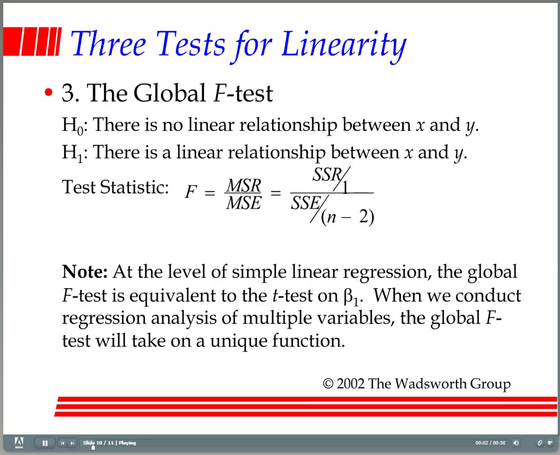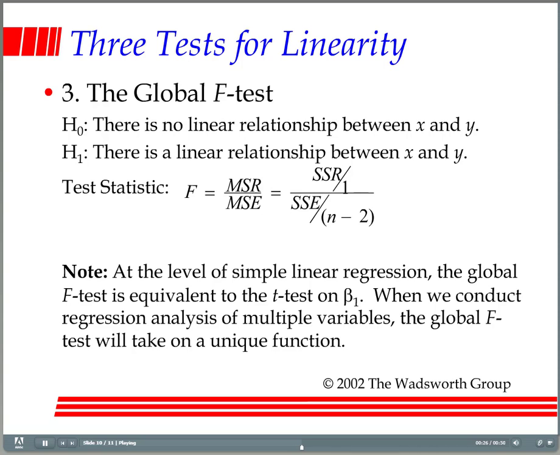The third test we can conduct is called the global F-test, and this will also tell us if there's no linear relationship between x and y, because what it's doing is seeing if the sum of squares due to regression is close to being equal to the sum of squared errors.